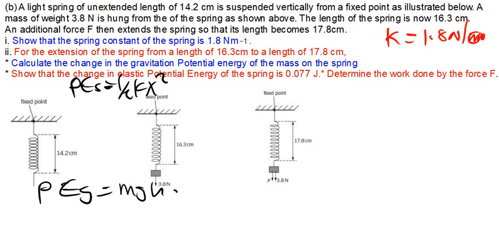We can clearly see that we want to find the gravitational potential energy, and mg we have been given in this case. What is our mg?